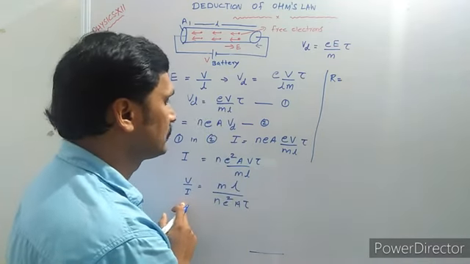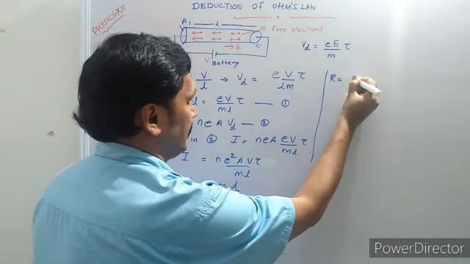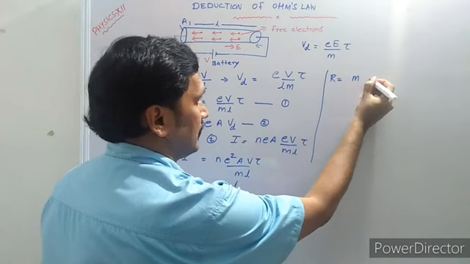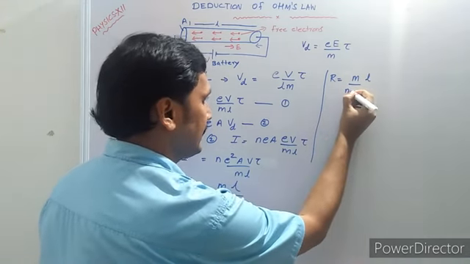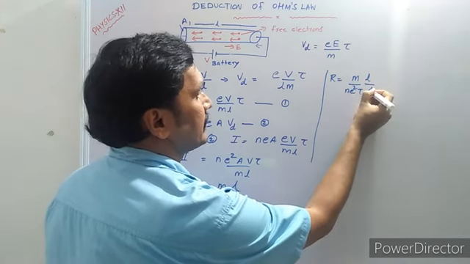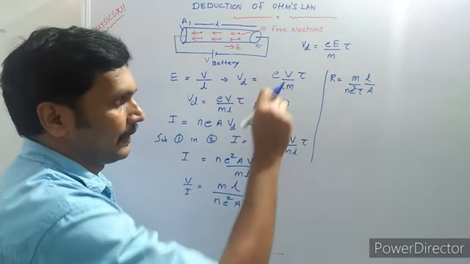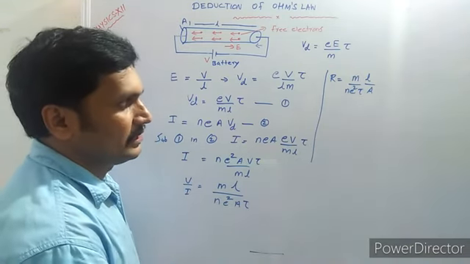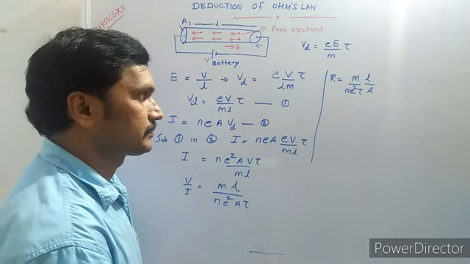R is equal to m L by n e square tau, and rearranging, R is equal to m by n e square tau into L by A.